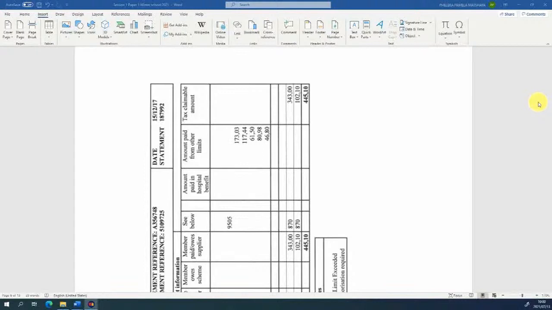Okay? And what else is there to make sense of? Okay. Who's the doctor? The doctor is Dr. M. Dihlamini. Okay, and that number there is the doctor's practice number.